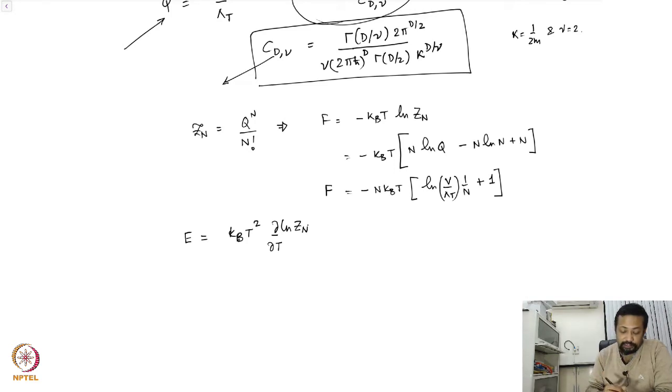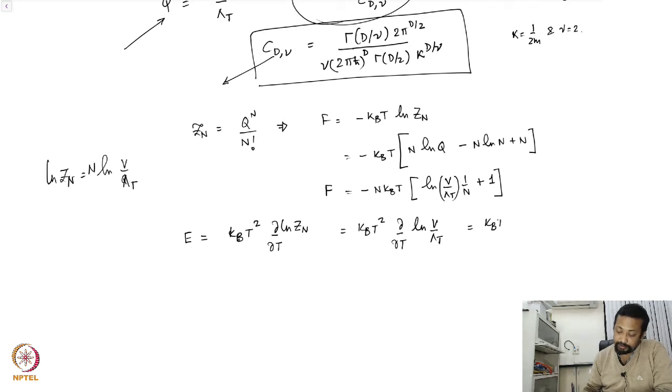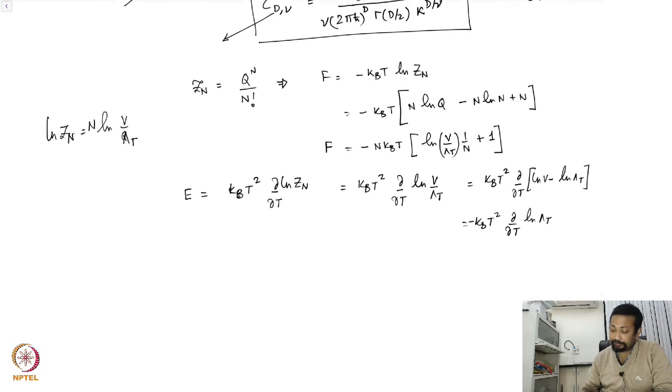And if I look at ln of Zn, ln of Zn is ln of (v over lambda t) to the n, which gives kB T squared del T of ln v over lambda t, which is kB T squared del T of ln v minus ln lambda t, and therefore you have kB T squared times minus del T of ln of lambda t, right?